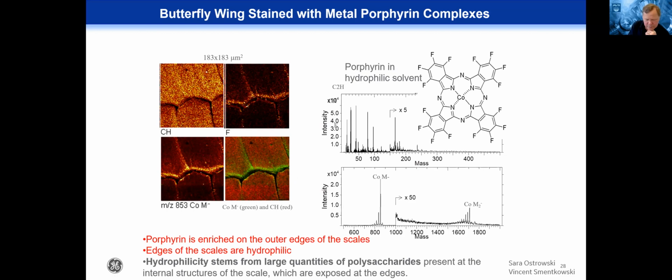The important point to note, the edges of the scales are hydrophilic, and the hydrophilic nature stems from the large quantities of polysaccharides present at the internal structure of the scale, which are exposed at the edges. So we were able to get nice molecular chemical information to provide insight as far as the functionality of the butterfly wing in this instance.